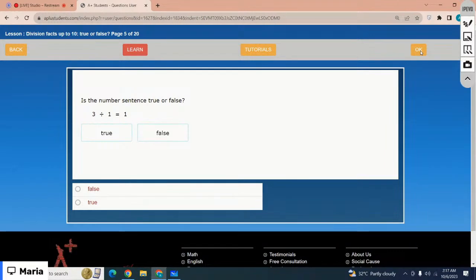Is the number sentence true or false? 3 divided by 1 equals 1. Which is the correct option?